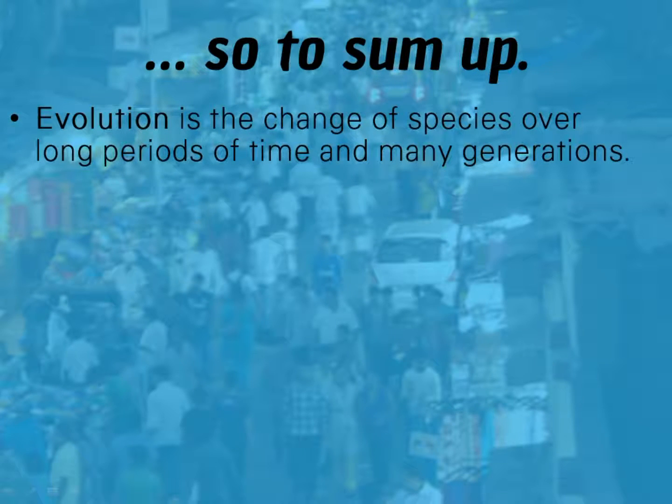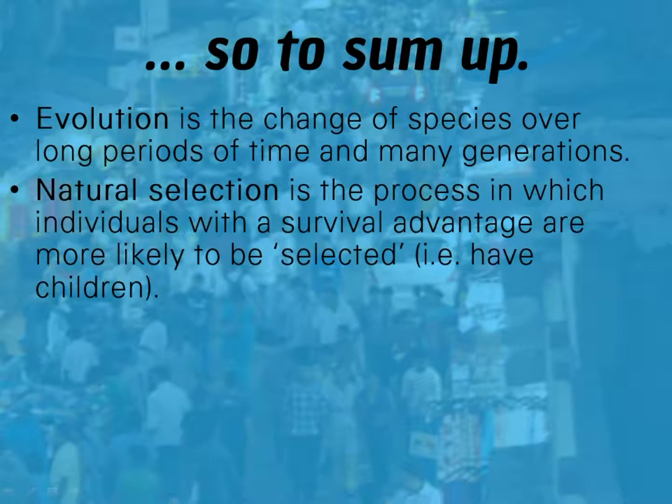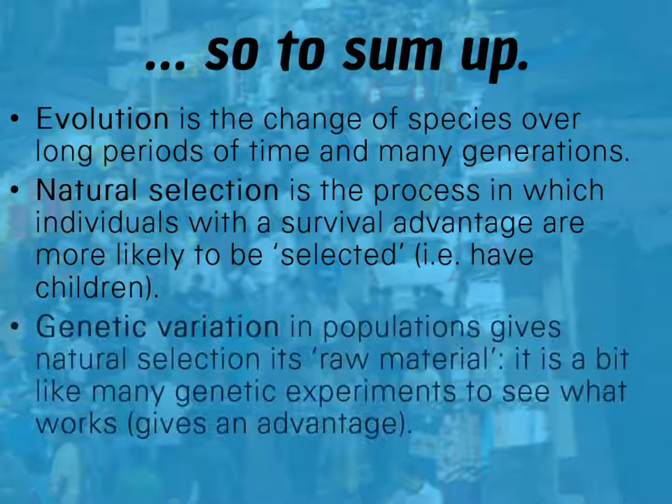So let's just round up by talking again about the 3 main points of this PowerPoint. Evolution is the change of a species over long periods of time and many generations. Natural selection is the process in which individuals with a survival advantage are more likely to be selected. That is, they are more likely to have children and pass on their survival advantage to future generations.